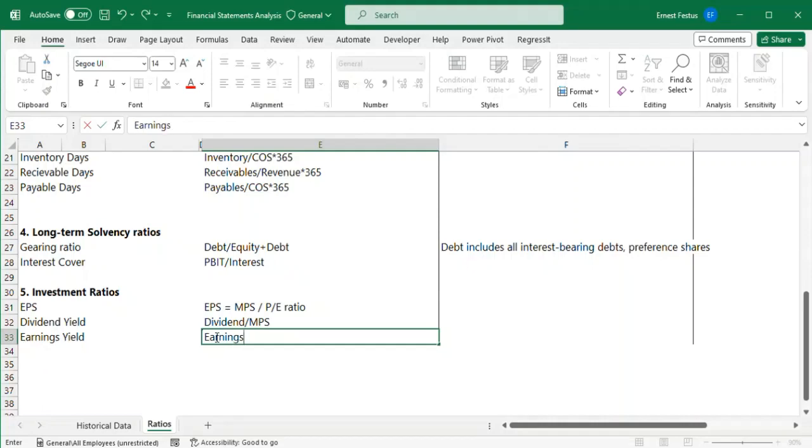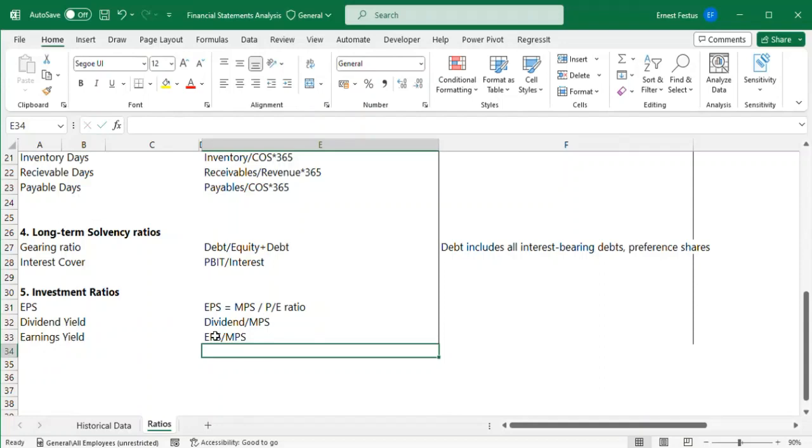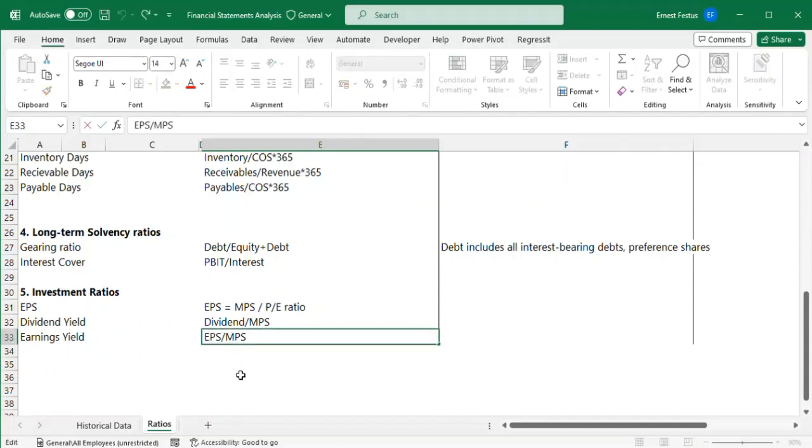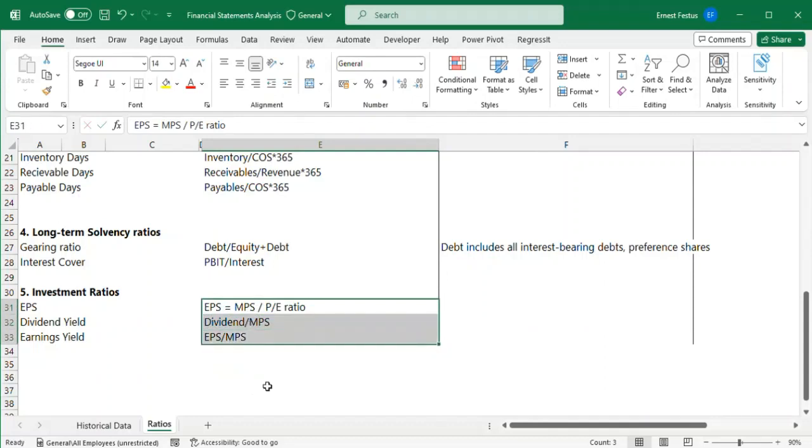So it's earnings per share, EPS divided by our MPS. So that is it. Now I'll be covering these ones in our business valuation video.